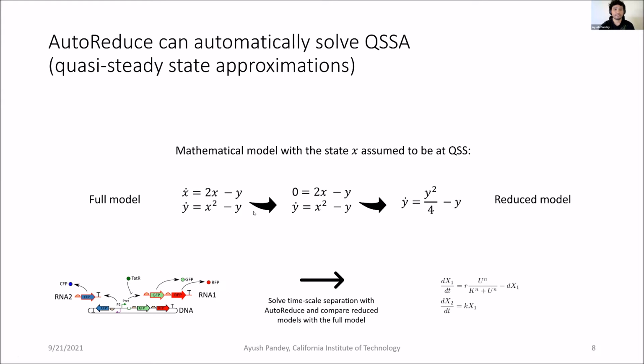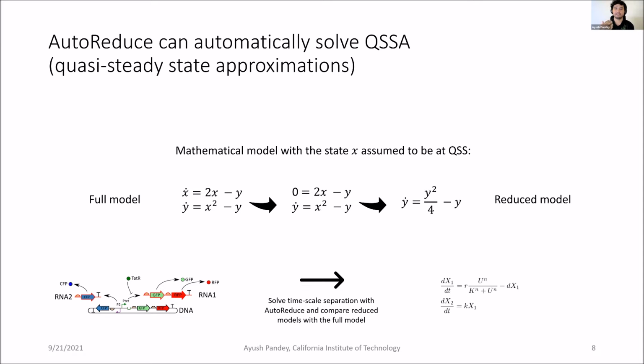When I say that I am assuming X to be at quasi-steady-state, what I'm saying essentially is that the dynamics of X are so fast that they reach steady state quickly, compared to Y, which has slower dynamics, in which I'm interested.